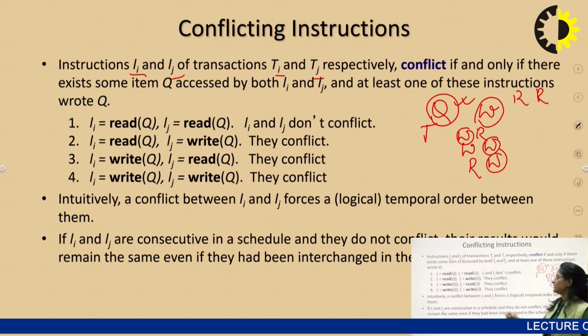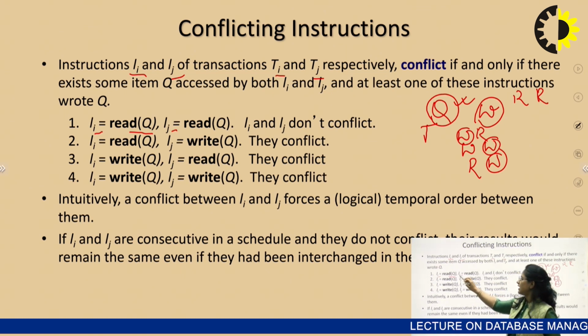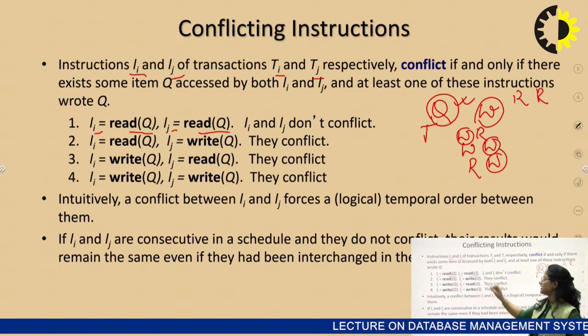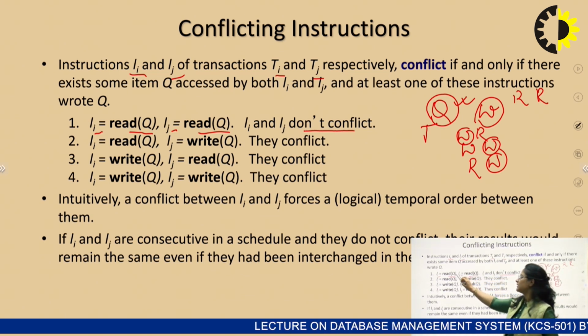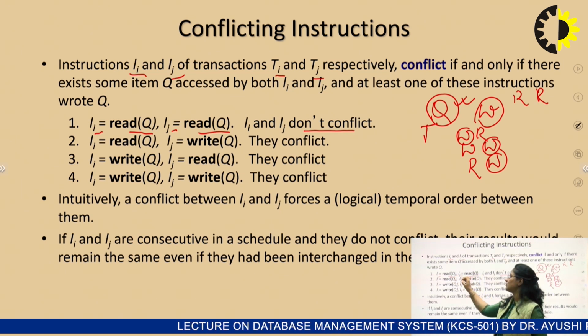In the first case, if instruction Ii is a read on data item Q and instruction Ij is again a read on the same data item, then they do not conflict. Why not? Because although they are working on the same data item, there is no write operation.